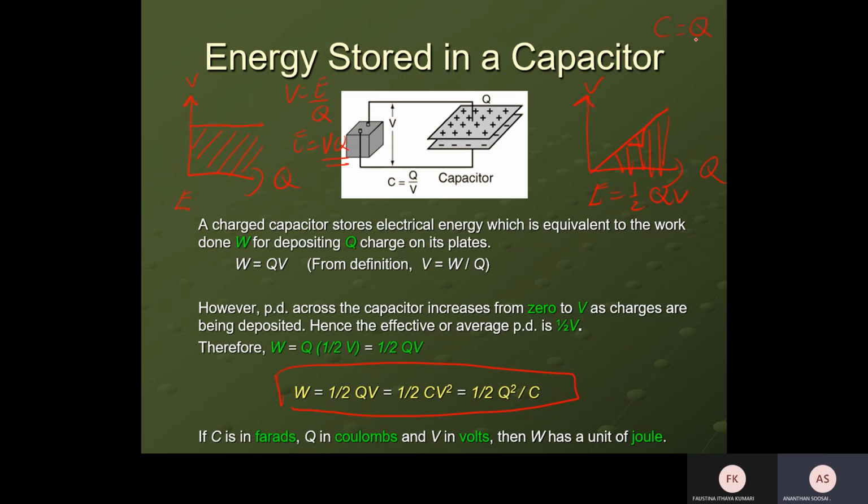Capacitance is Q over V. When the voltage rises, the charge increases, so it's a straight line. Which quantity of the graph represents the capacitance? The reciprocal of the gradient, since the gradient is V over Q. The reciprocal of the gradient is your capacitance. Capacitance is constant, so it should be a straight line.